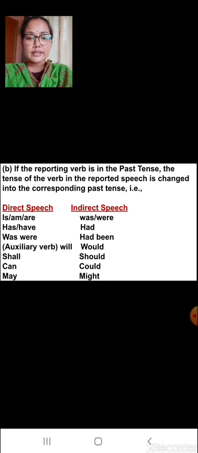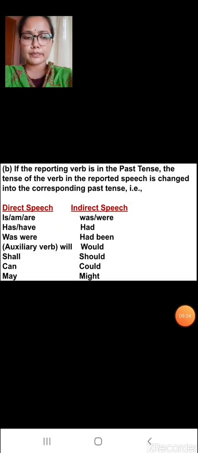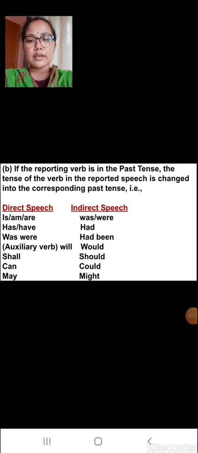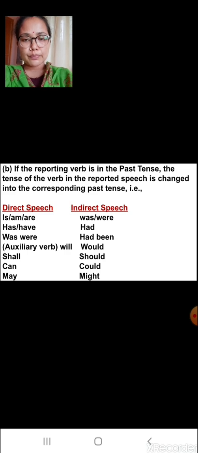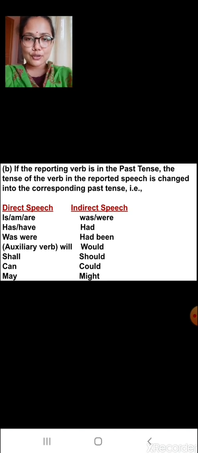Is and am change to was, are changes to were. Has and have change to had, was and were change to had been, the auxiliary verb will changes to would, shall to should, can to could, and may to might.